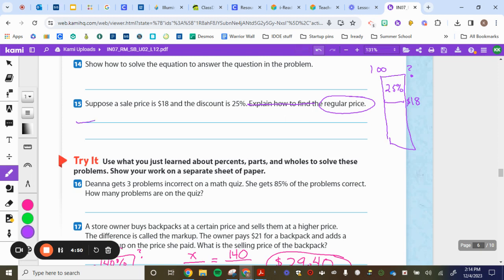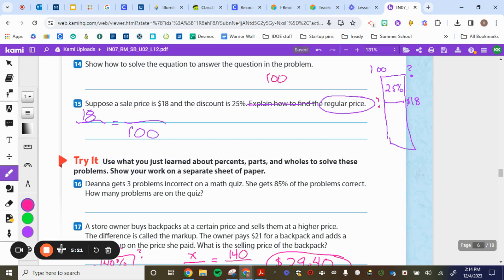So when I do my proportion, 100% never changes. And I know the $18 is going to be what goes with the part, this percent, but I don't know what that percent is. So the $18 is the part. The whole is the original price, which we don't know yet. But now we can find this percentage because it's going to be 100%, but we don't have to pay 25%.